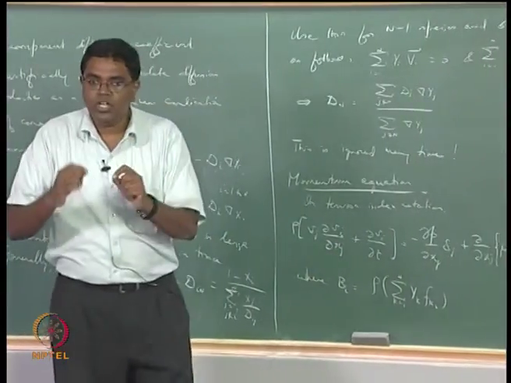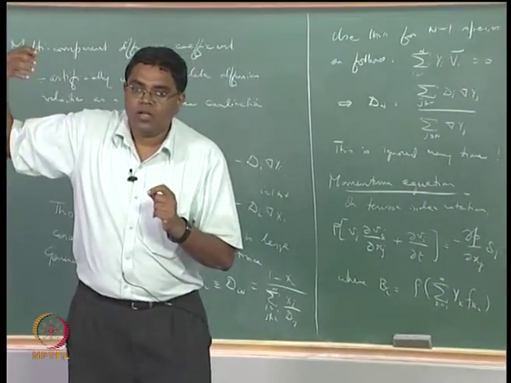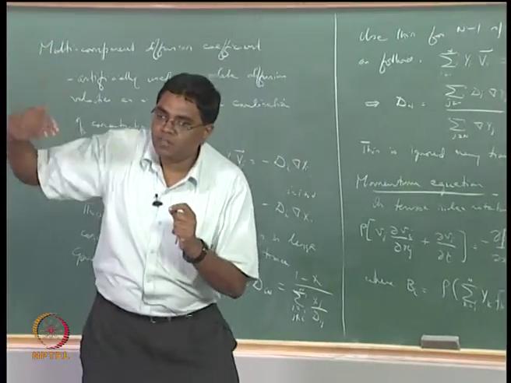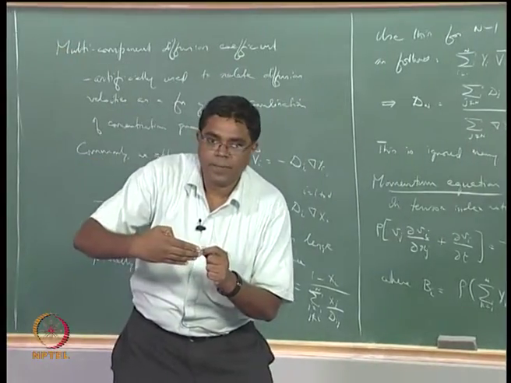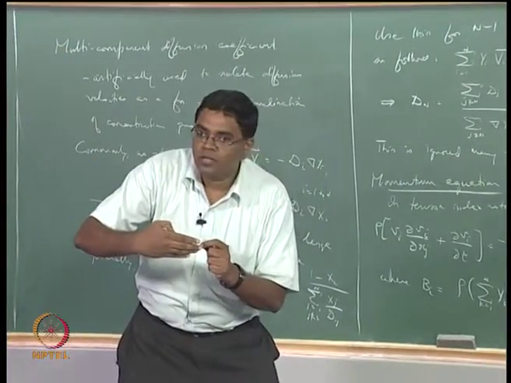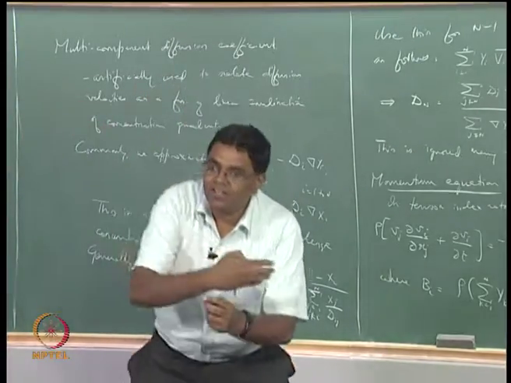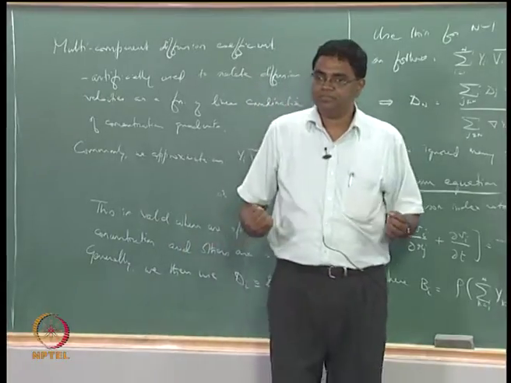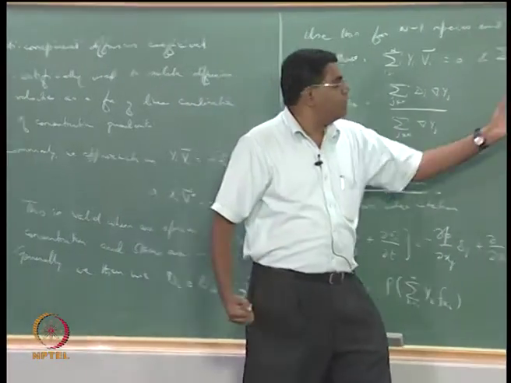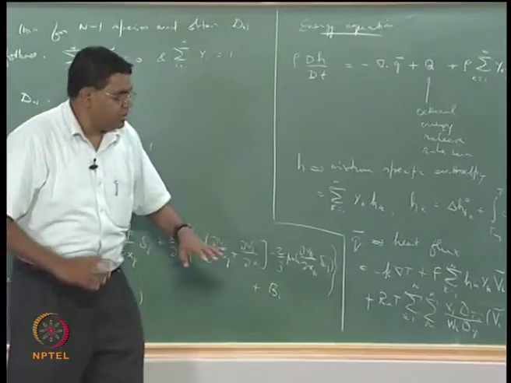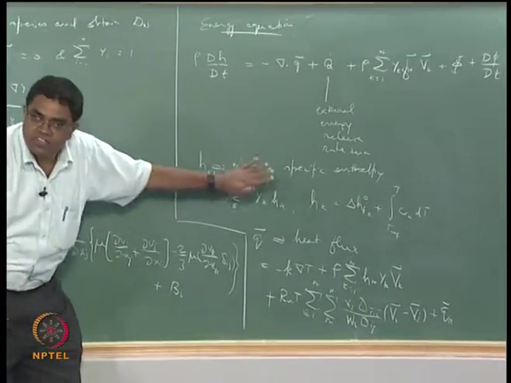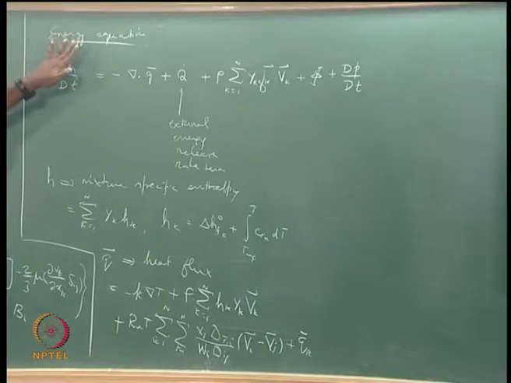But if you are now thinking about the energy or the enthalpy that the species carries with it, okay, now it carries with it enthalpy at its velocity, but what we have accounted for is an overall enthalpy that the mixture carries at the mixture velocity. That is what this accounts for. Then there is a deficit.